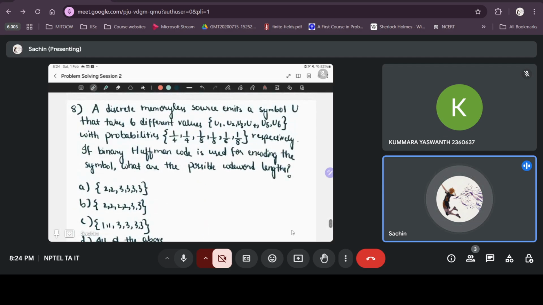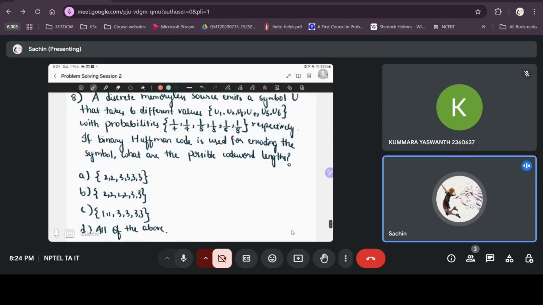The question is, do binary Huffman coding for a memoryless source with 6 different messages with probabilities 1/4 for the first 2 messages and 1/8 for the next 4 messages. The probability distribution is 1/4, 1/4, and 1/8 four times. And the question is, what are the code word lengths if you do Huffman coding in this case?